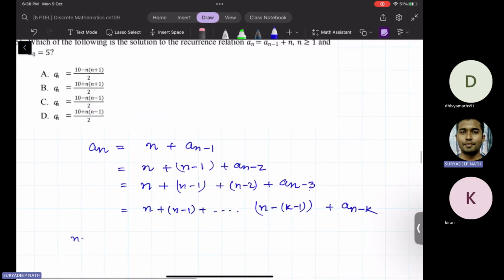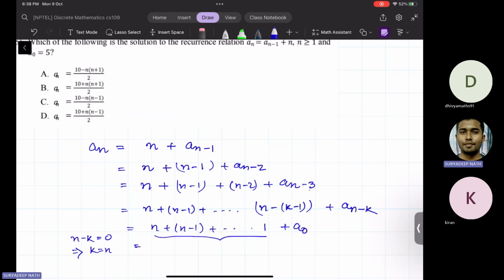So n minus k is 0, so k equals n. So this becomes n plus n minus 1 down to 1. If we put k equal to n, this becomes 1 plus a0.